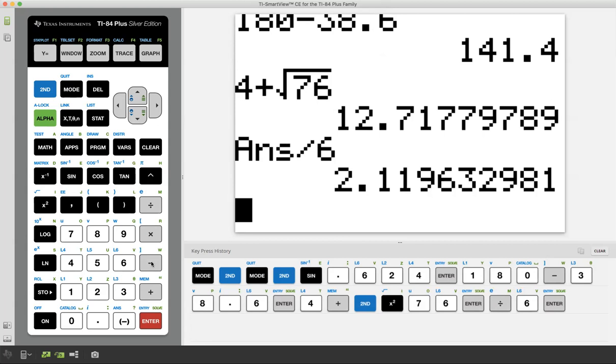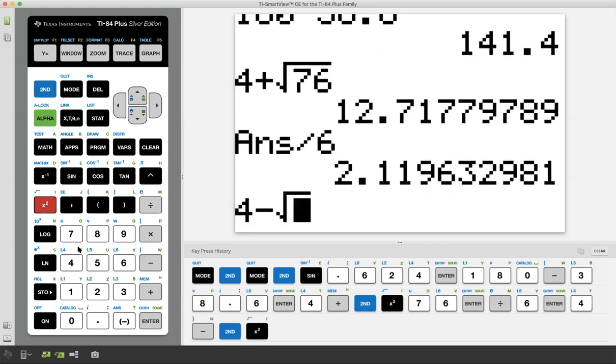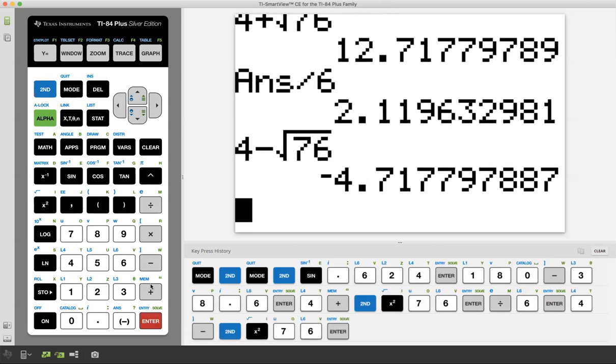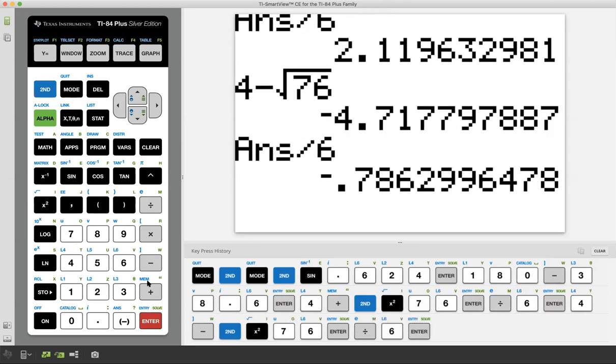Right. And then do it for the minus. Or minus square root of 76 divided by 6. Always takes me forever to type things in because I'm typing on my keyboard. Thanks for bearing with me. Okay, so that's going to be negative 0.7863. Okay. So I get those two things, right? And then let's jump back to the handout and finish the problem.